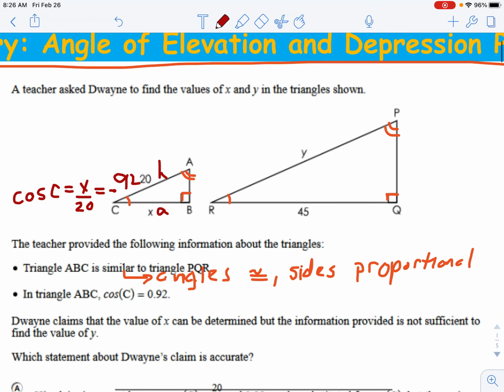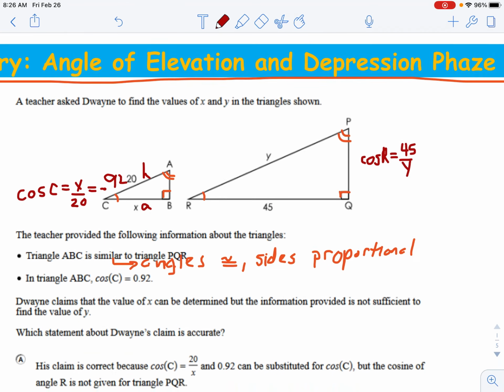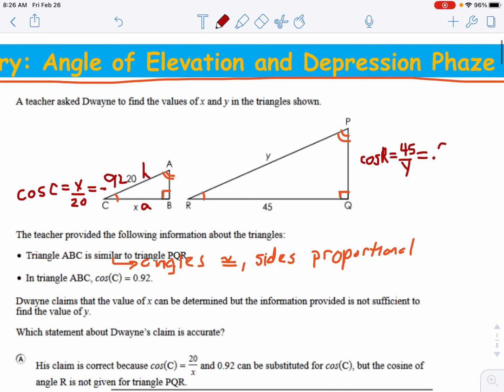Well, remember, since sides are proportional, we have trig because of proportional triangles. Cosine of angle R would be 45 over y. That would also have to be 0.92.